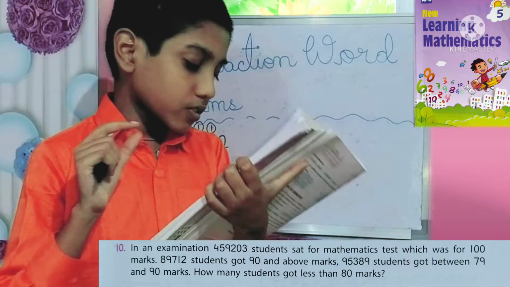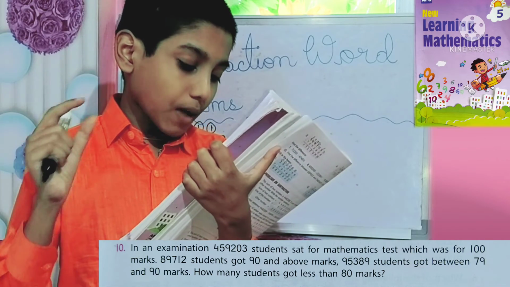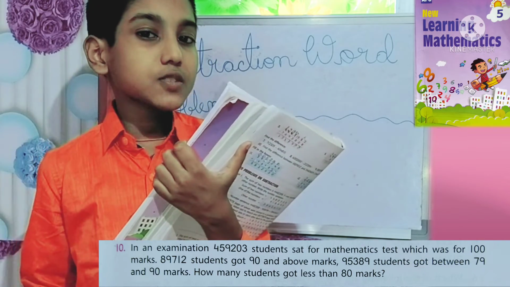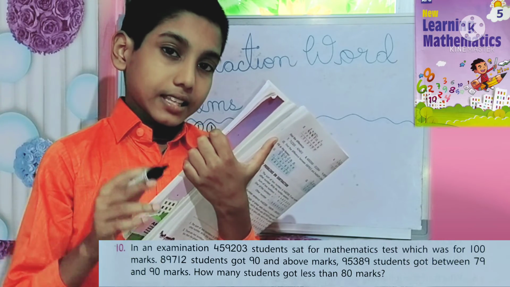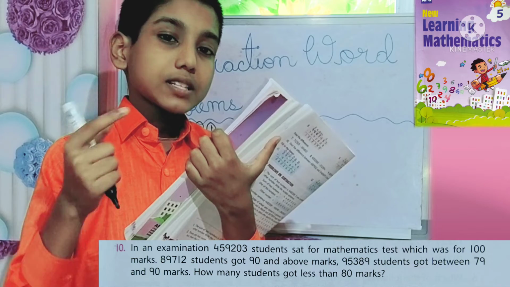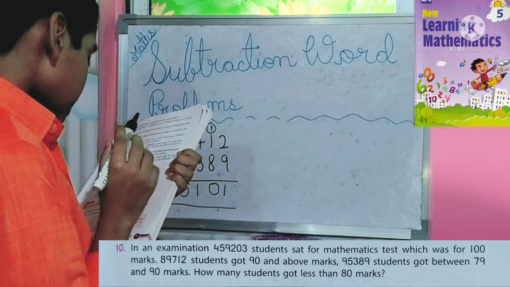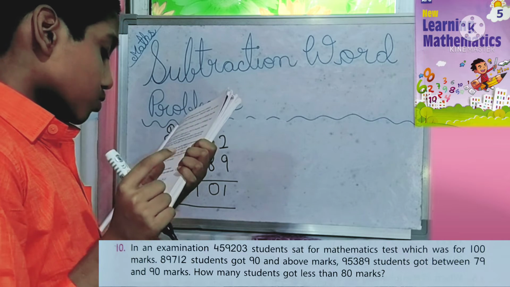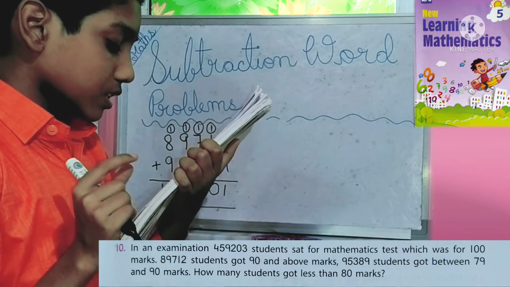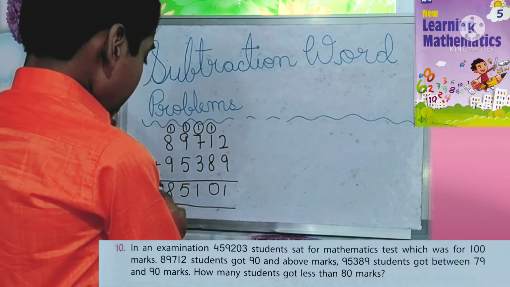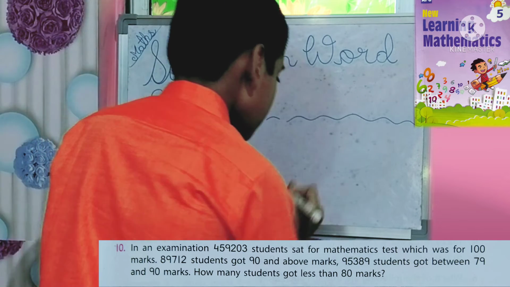Means first we have to add the students that are given here, and then subtract that total from the total number of students. Then we will get how many students got less than 80 marks. Now let's do the subtraction.